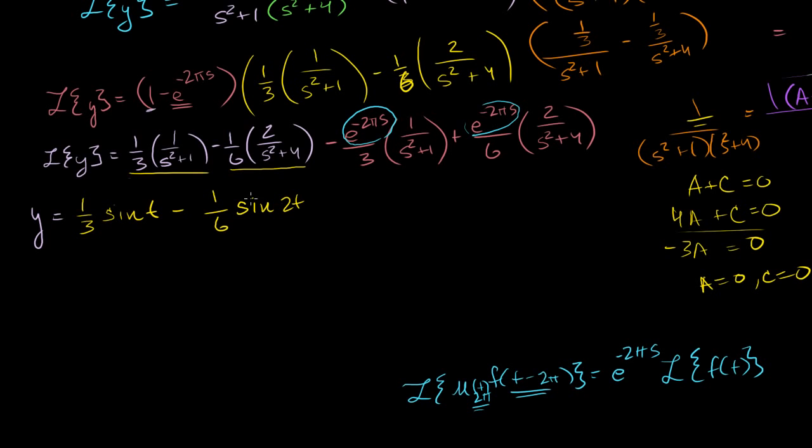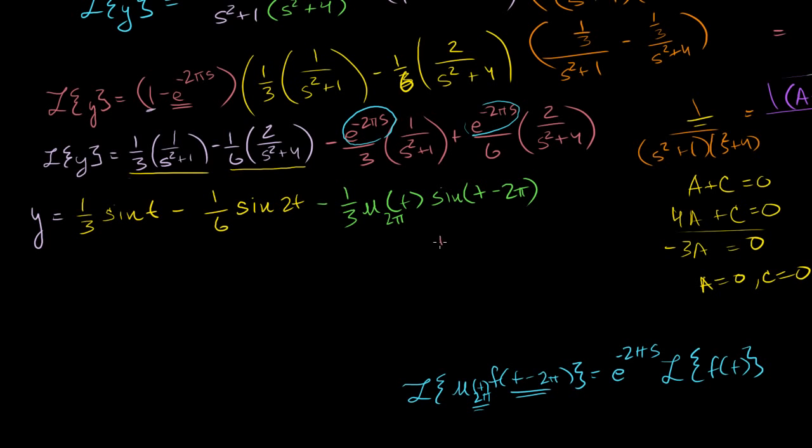So this is going to be minus 1/3 times the unit step function, where c is 2 pi, of t, times, instead of sine of t, sine of t minus 2 pi. And then we're almost done. I'll do it in magenta to celebrate it.